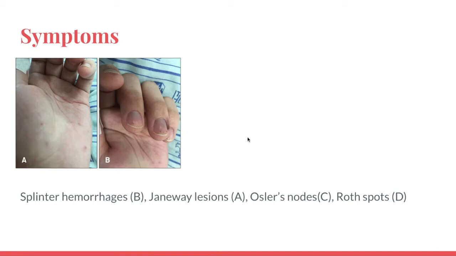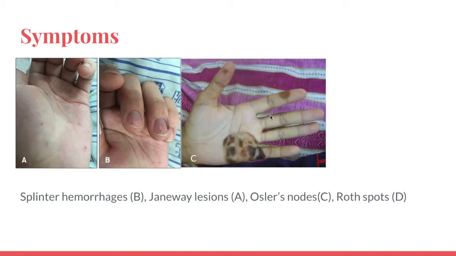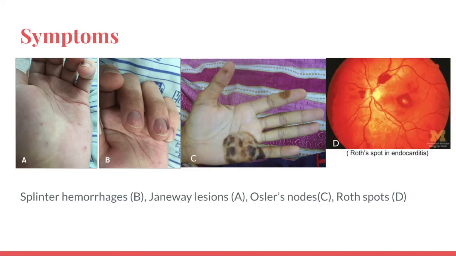They can often lodge under the fingernails, causing splinter hemorrhages, as well as Janeway lesions, which are small spots that can appear on the palms of the hands and the soles of the feet. If the immune system responds to this, it can cause painful Osler's nodes. And another place where the septic emboli can be deposited is in the eyes, causing Roth spots.